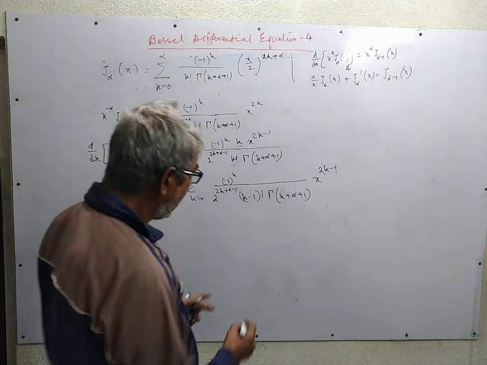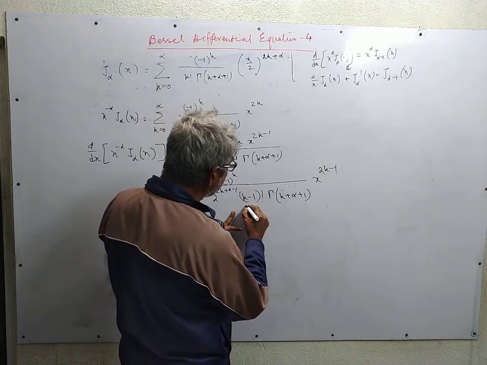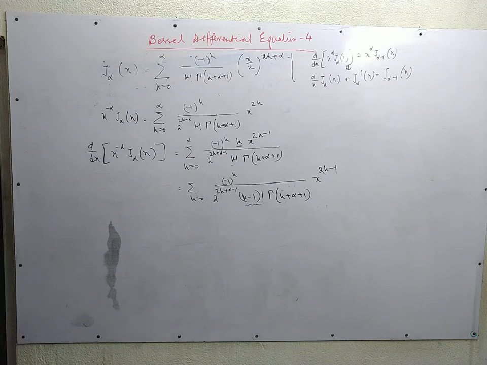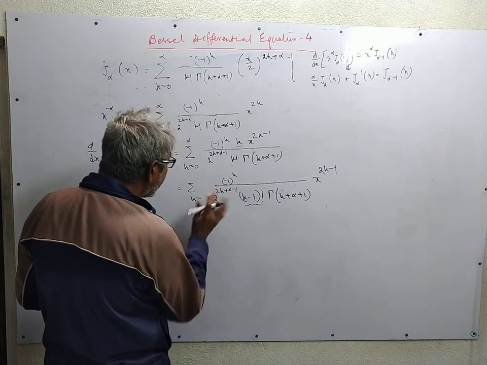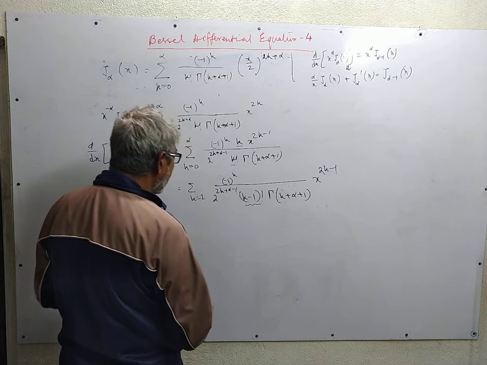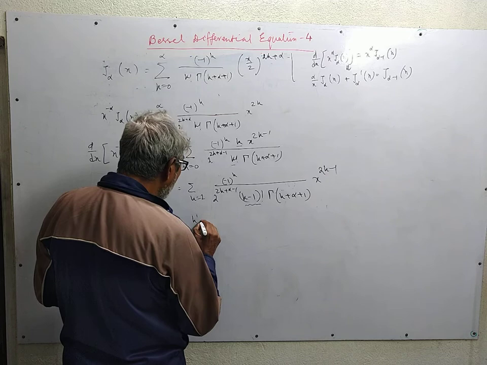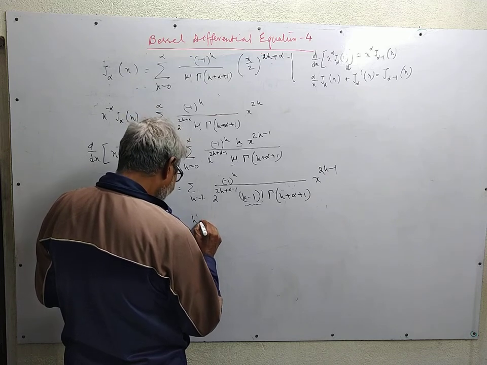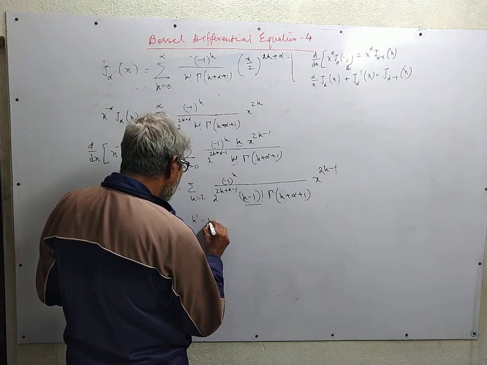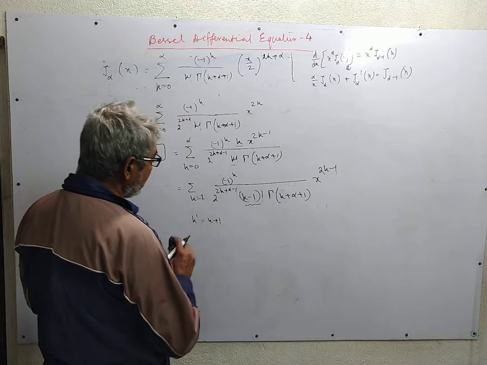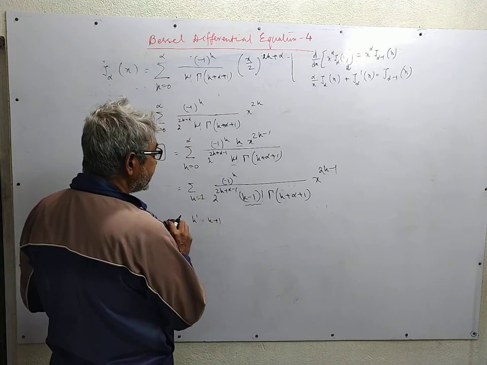Now you see that for k equal to 0, this term is undefined because it becomes a factorial of a negative integer, which is not defined. So the sum over here should start with 1, and we define a quantity k prime equal to k minus 1, so that k prime ranges from 0 to infinity.